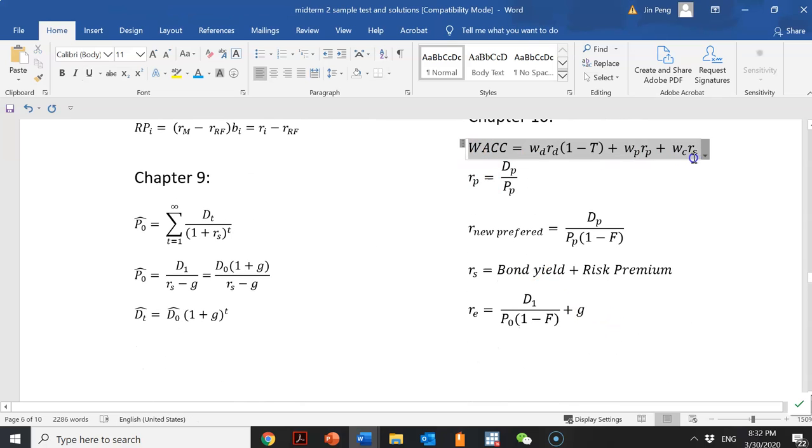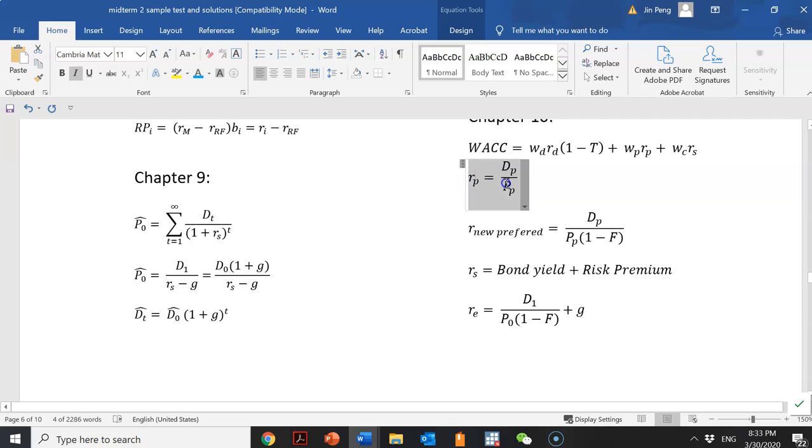Chapter 10, WACC formula. Return of the preferred stock is DP over PP. For a new issue, it's DP over PP multiplied by 1 minus F. Stock return is also bond return plus the stock over bond risk premium. For a new issue of common equity, the return is D1 over P0 multiplied by 1 minus F, plus g.